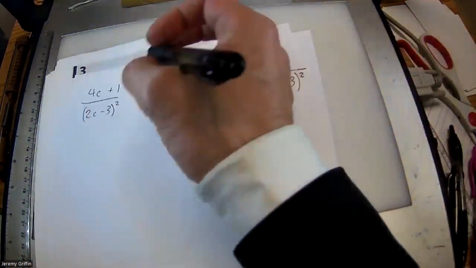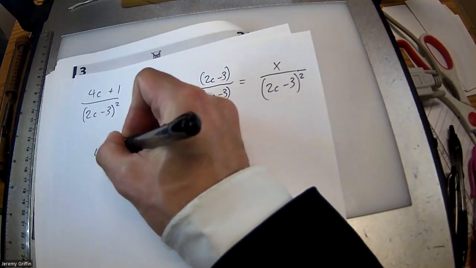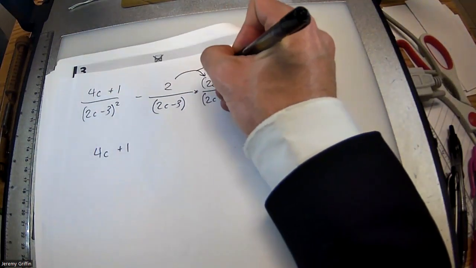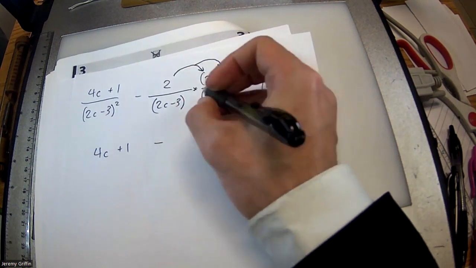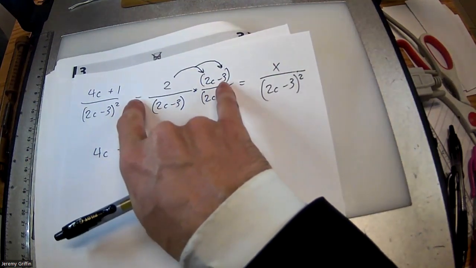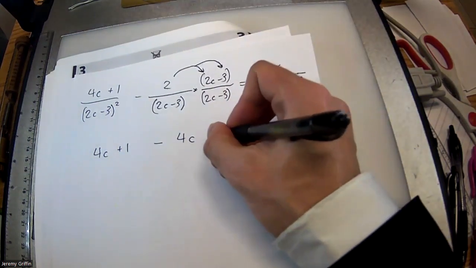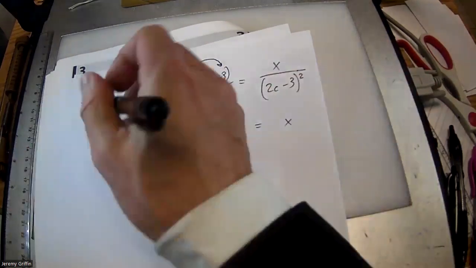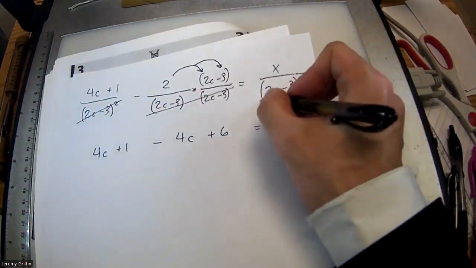Okay, so here we got 4c plus 1. We got distribute this 2. I've got minus 4c. And ooh, careful about this. Minus and a minus. Is that plus 6? Right? And I got an x over here. And they all have the same denominator. So scratch, scratch, scratch.